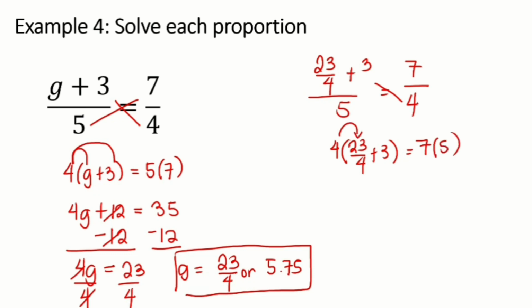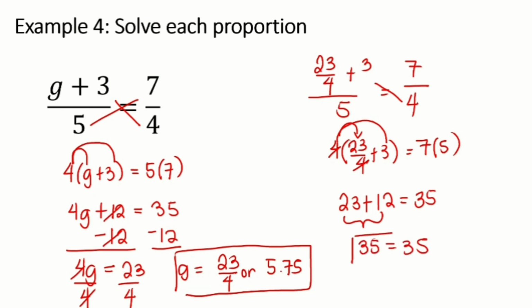So when you multiply this, 4 times 23 all over 4, we can cancel 4. What is left is 23 plus 4 times 3, we have 12, is equal to 7 times 5, that is 35. Then we add 23 and 12, that is 35, is equal to 35. So meaning to say that the value of g we have here, 23 all over 4, is a solution to our proportion.